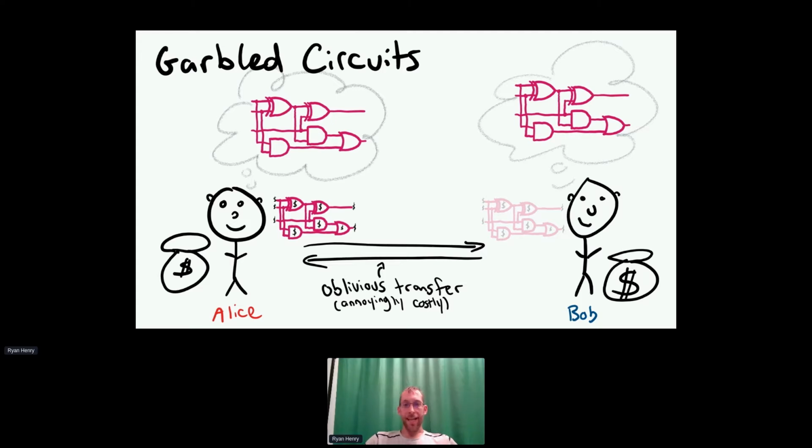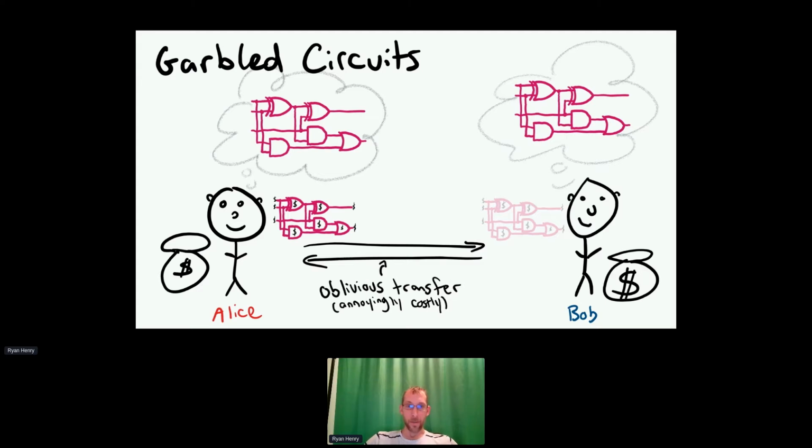So this allows her to get the correct inputs and only the correct inputs without Bob learning anything about which of the two inputs she got for each input wire. So each wire can take on the value 0 or 1. It's a digital circuit. Alice is able to learn either how do I input 0 or how do I input 1, but not both. And Bob does not figure out whether she learned how to input 0 or 1 for each wire. And then Alice evaluates the circuit.